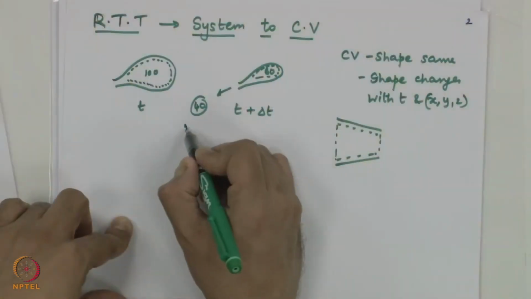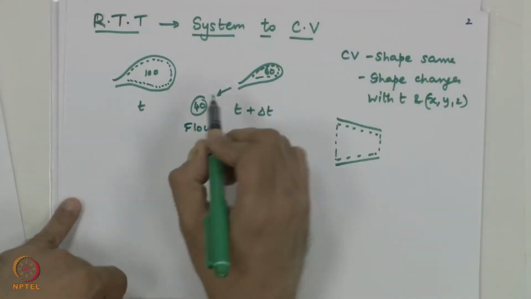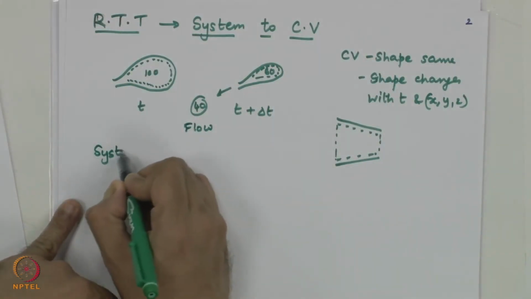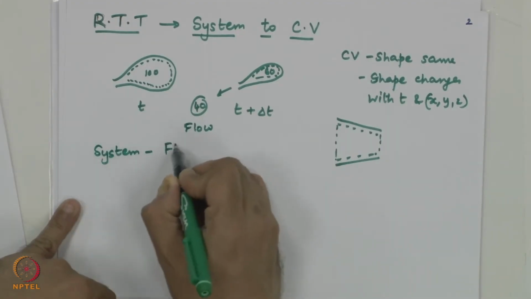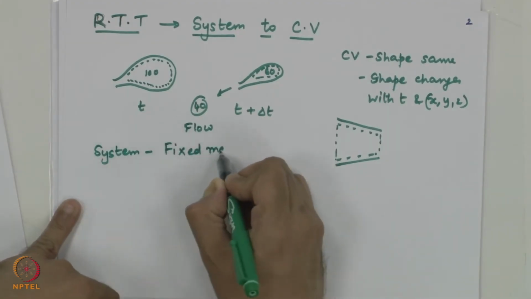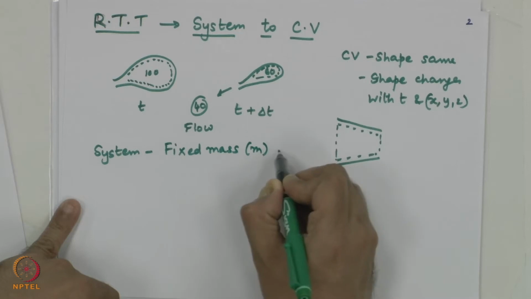So when I do the budget, I have to take care of the amount before, the amount after, and relate the two. Because who is transporting this energy and momentum? Mass flow. System is fixed mass. Fixed mass means m, not m dot. What are the units?